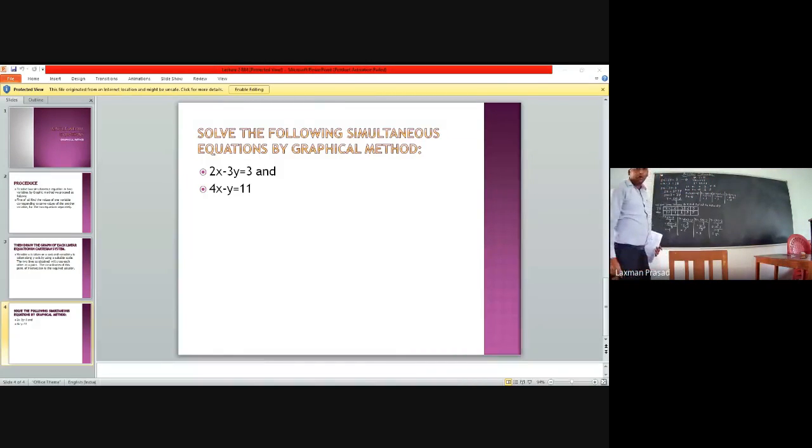If the value of x is 6, then the value of y is 13. So while solving both equations, we received some values.